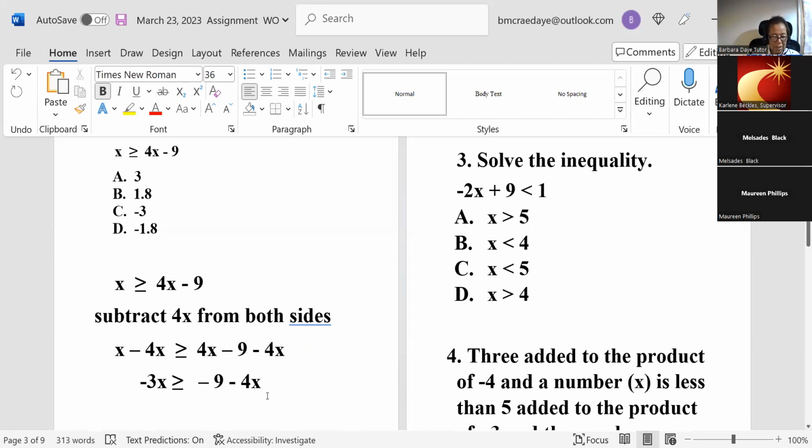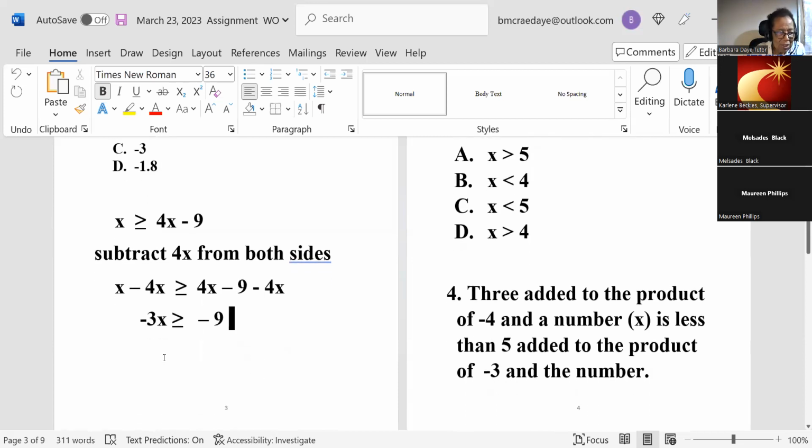Whenever you add the same values, whether they're constants or variables or constant variable combinations, you get 0. So now we have minus 3x greater than or equal to minus 9.